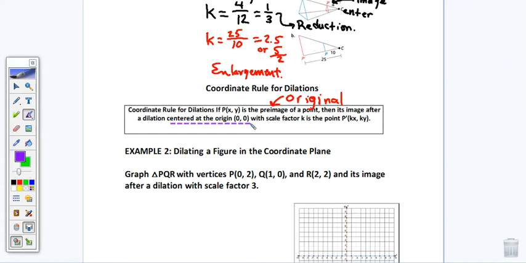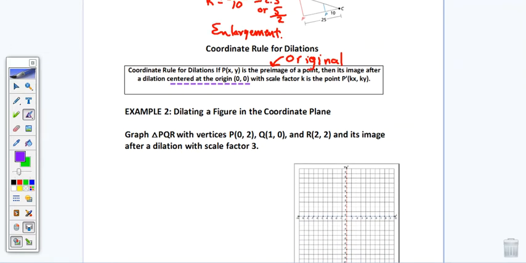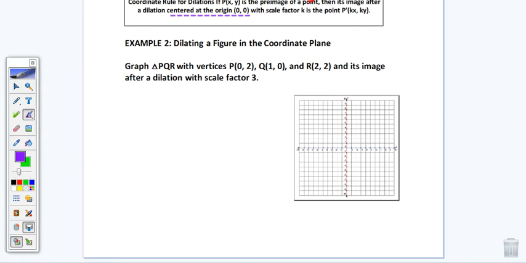Okay, so let's talk about this. In example 2, it says dilate the following figure. Now, if they don't tell you where your center is, you assume your center is where? 0, 0. If they don't tell you where the center is, assume 0, 0. So I'm going to blow this up.